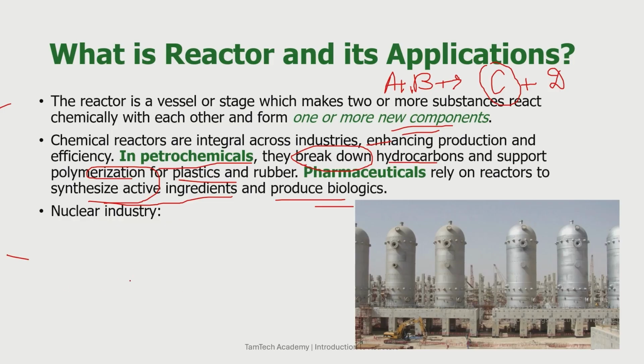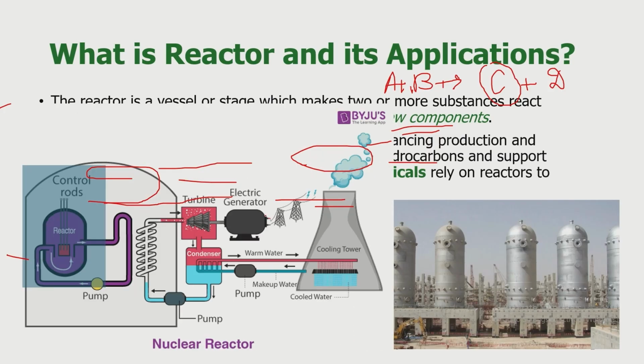The last one I have added for today is the nuclear industry. In the nuclear industry, I believe most of you have already seen this kind of process diagram. As you can see, the heart of the process is again the reactor. Whatever we get from this reactor is mainly turned into different types of energy to provide electricity to homes or to different factories, etc. So if I summarize this slide, we learned about the reactor definition and how we understand reactors.